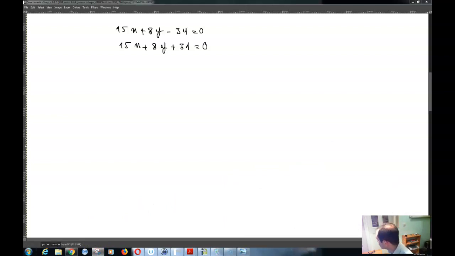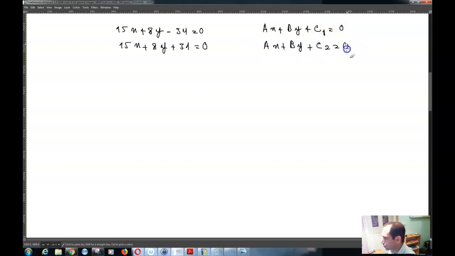So if you have 2 lines in this general form, meaning, for example, ax plus by plus c1 is equal to 0, and ax plus by plus c2 is equal to 0. And over here, as you can see, these parts of the equation are exactly identical because the lines are, of course, parallel. These are parallel lines.